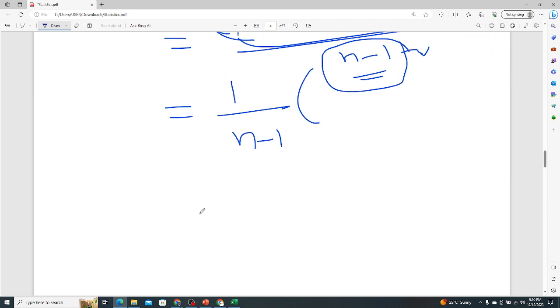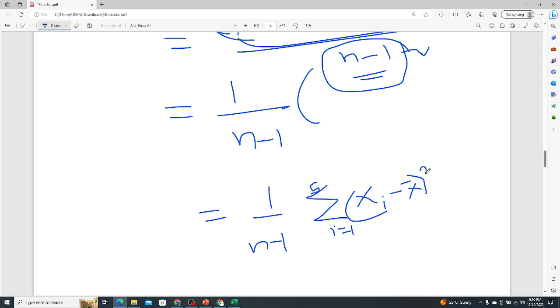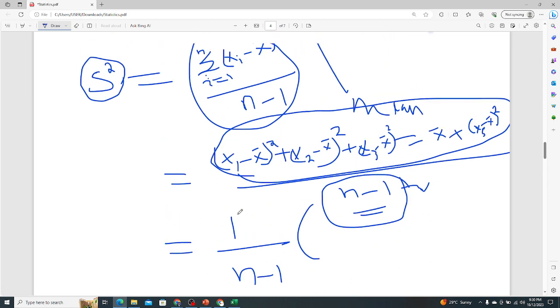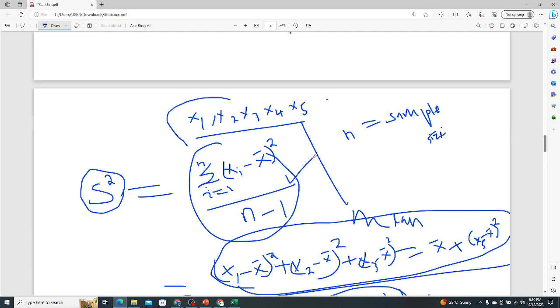It's like saying 1 divided by n minus 1, multiplied by the sum of all xi's, where i takes a value of 1 to 5, minus x bar, which is our mean, then you square. So you'll get the same expression as we did here.